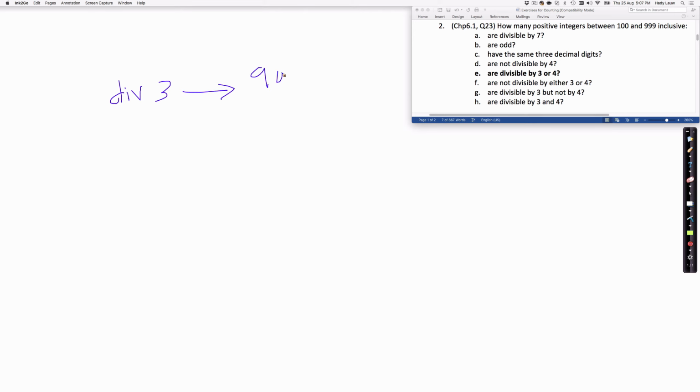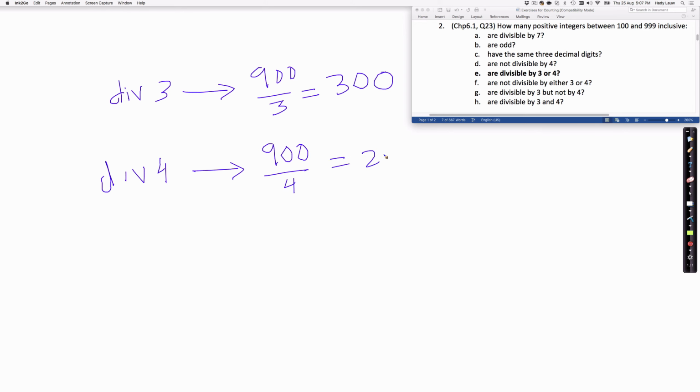Since there are 900 numbers there, we are going to have 300 that are divisible by 3. Now, the numbers that are divisible by 4, we worked out earlier, which is 225.